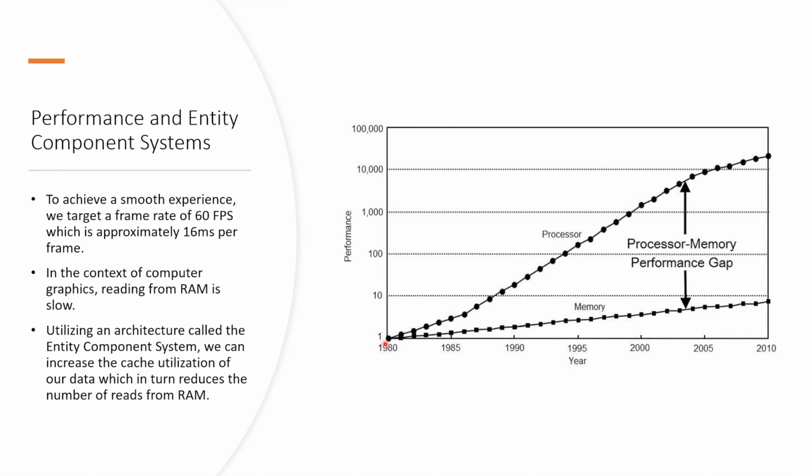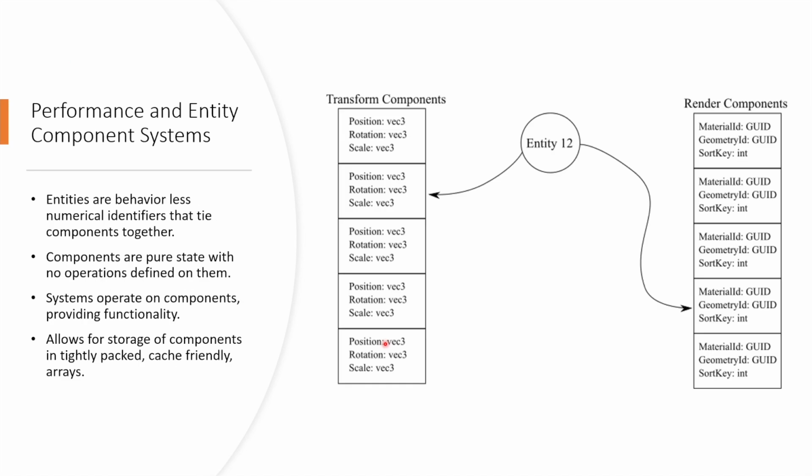However, we utilize an architecture called the Entity Component System, which is really a special architecture designed for fully utilizing the CPU cache to reduce the amount of data needed from RAM. So the basic idea is, rather than having your typical object-oriented classes, you have entities, which are these stateless identifiers which point to various components.